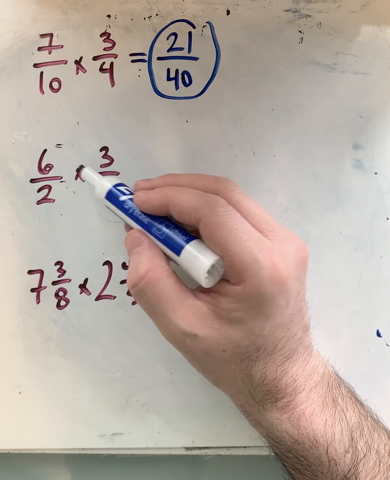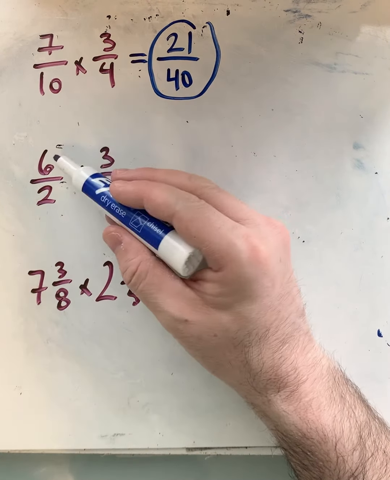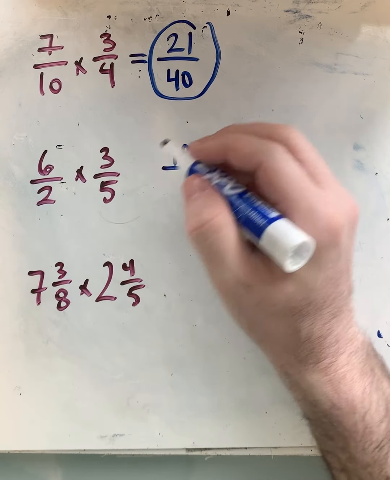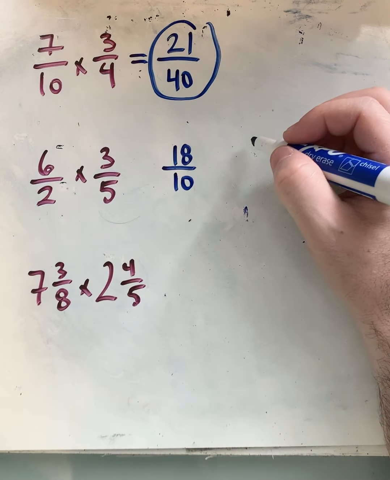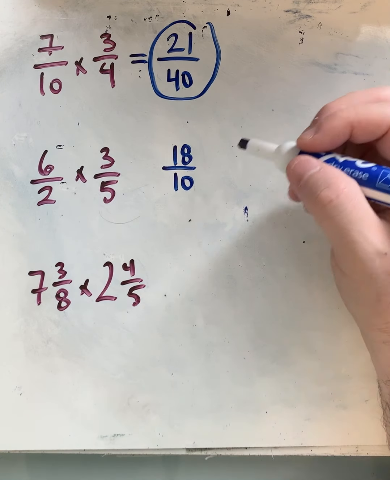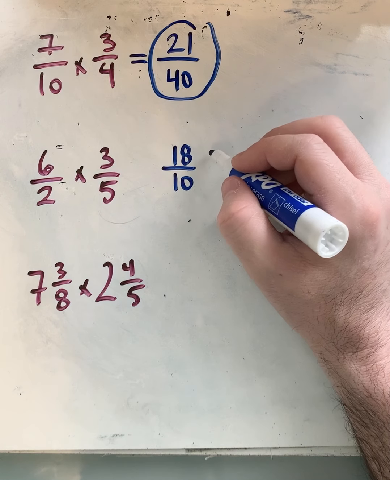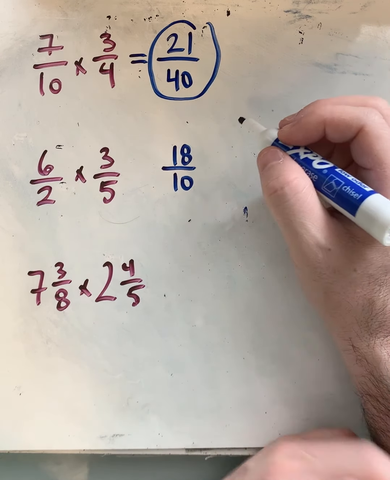So 6/2, again, we're going straight across. 6 times 3 is 18. 2 times 5 is 10. We're left with an improper fraction. We're going to change it into a mixed number, but first we could actually reduce this to make it a little bit easier for ourselves, or we can go right away.